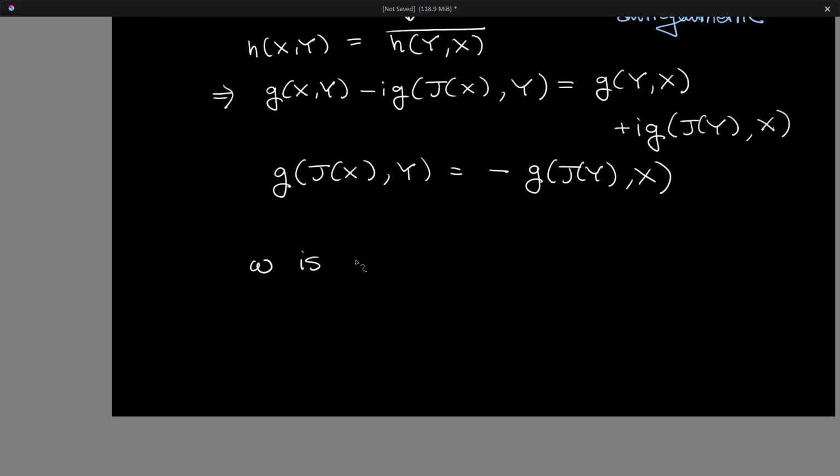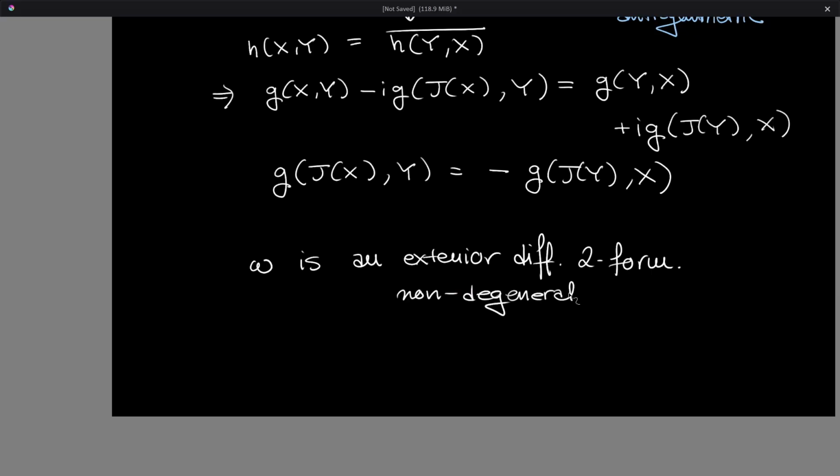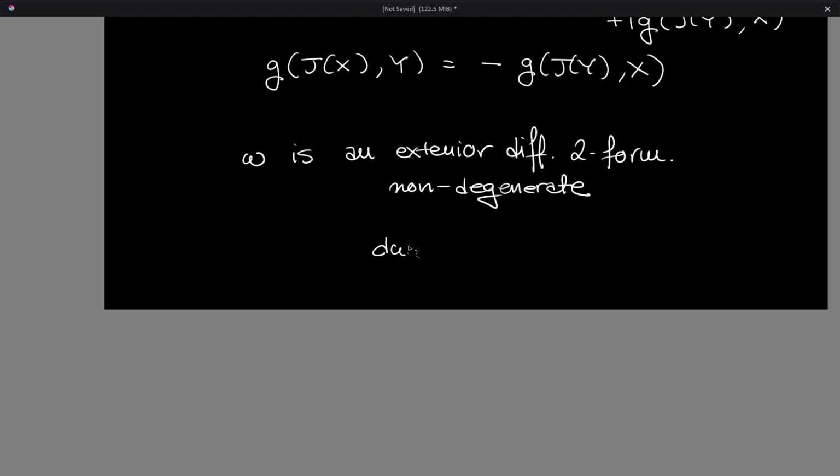Omega is an exterior differential 2-form, and it's also non-degenerate. Now, this is a sneak peek for next time, but if such a 2-form that exists everywhere is non-degenerate and closed, if d omega is equal to 0, we actually get something called a symplectic manifold.